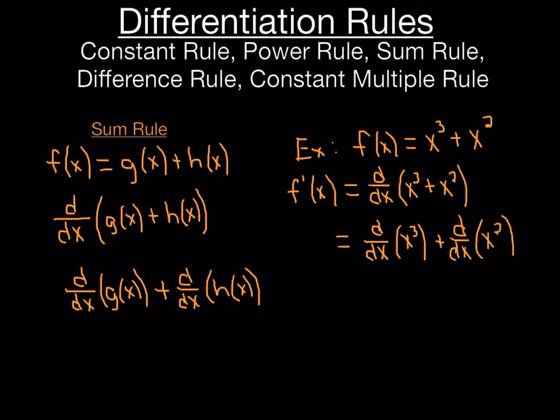Now, going back to our power rule, the power rule is going to say, well, the derivative of x cubed is 3x, decrease that by 1 power, 2, plus, this power rule says of x squared, it's the 2 in front, x, and decrease it by 1, so x to the first. We can just leave it as 3x squared plus 2x. So here's an example of the sum rule.